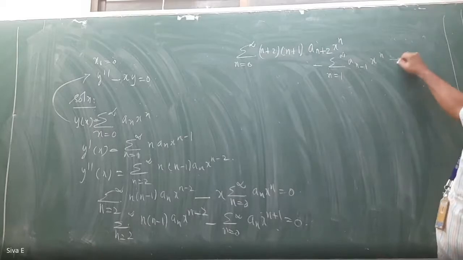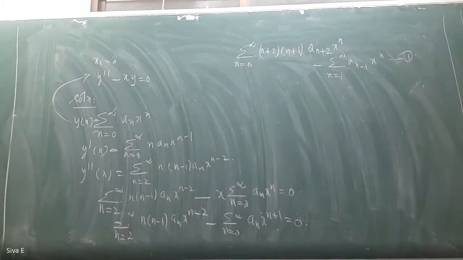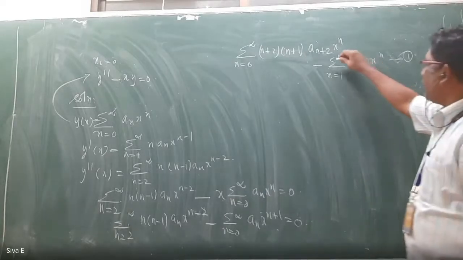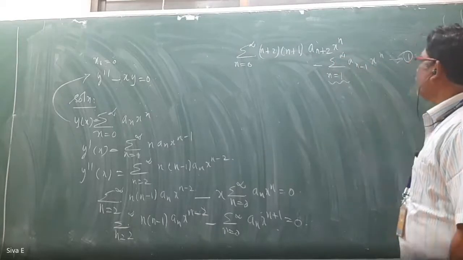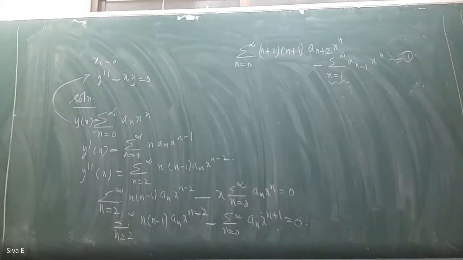I didn't give any equation number up to now. In case I give equation number 1, it can be written as: already the second term starts from n equal to 1 to infinity.